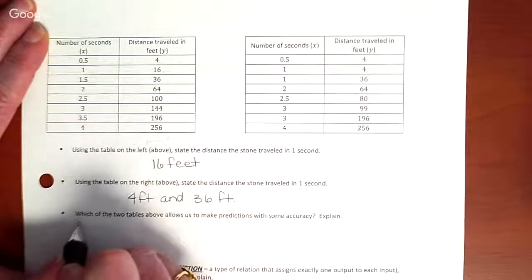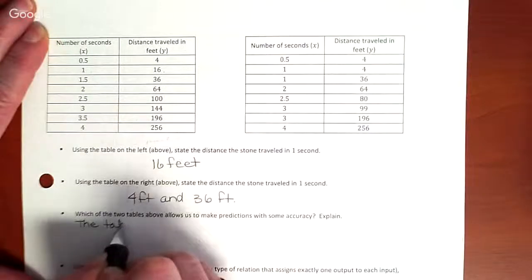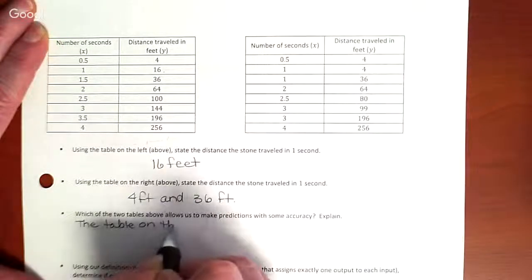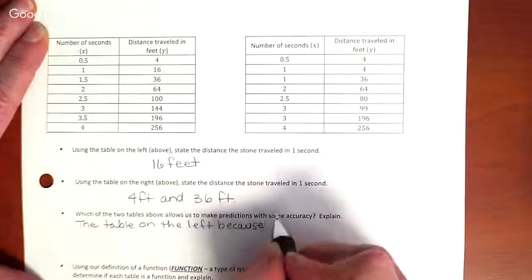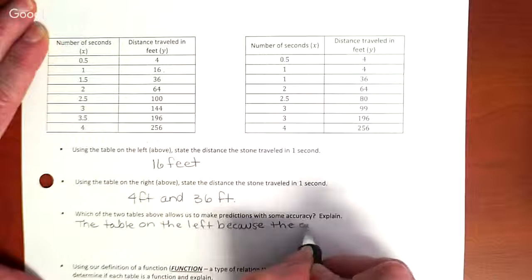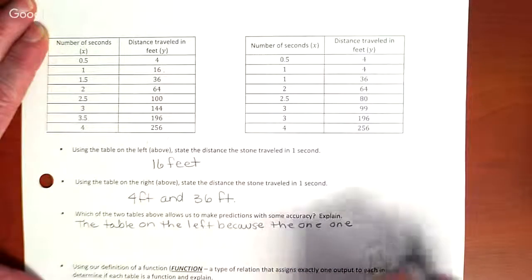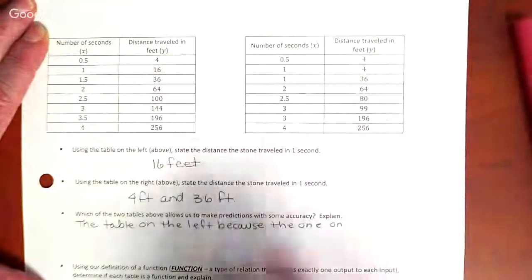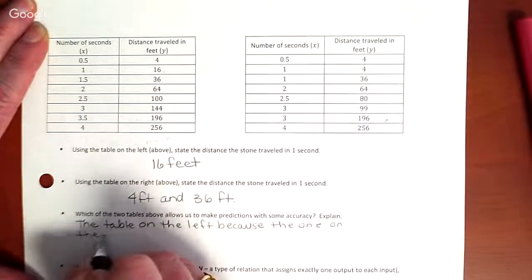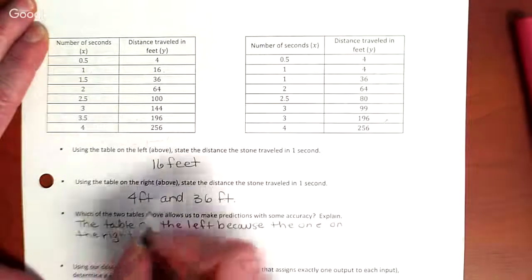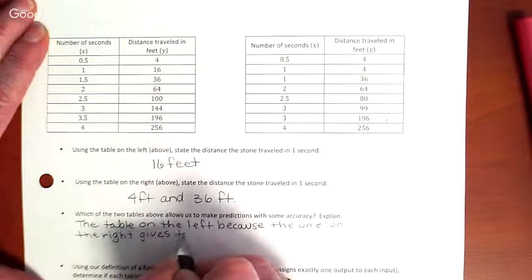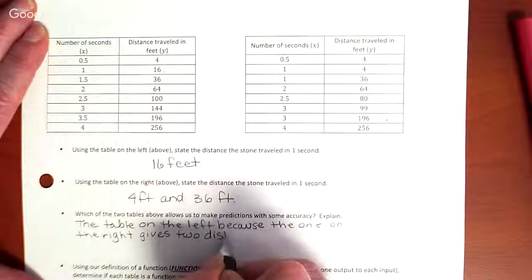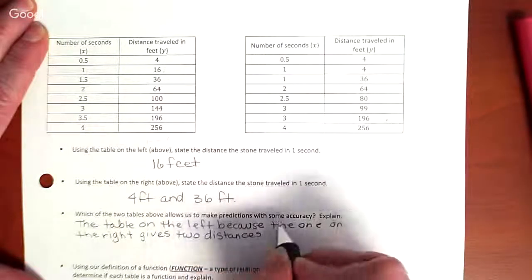Well, the table on the left, because the one on the right gives 2 distances for 1 second.